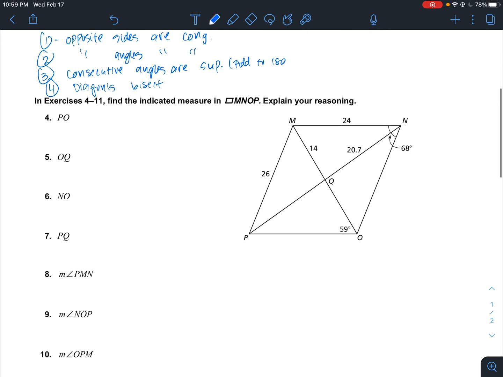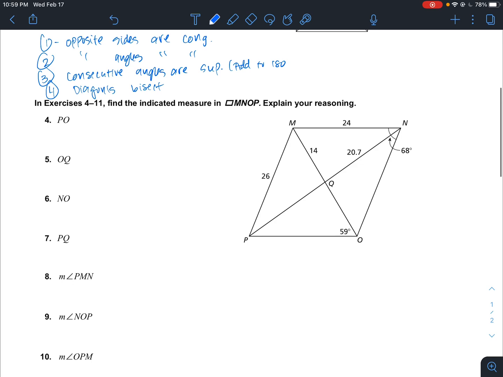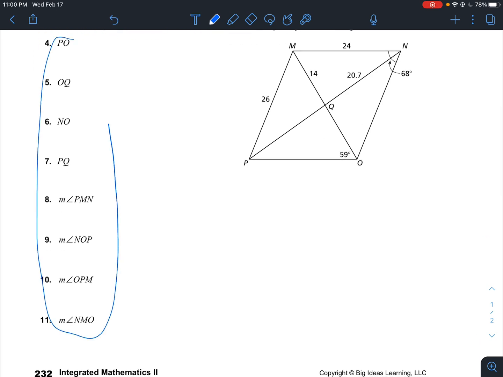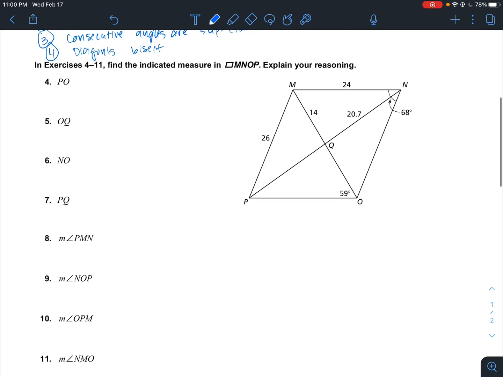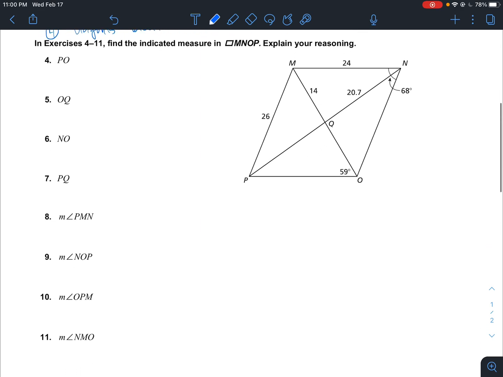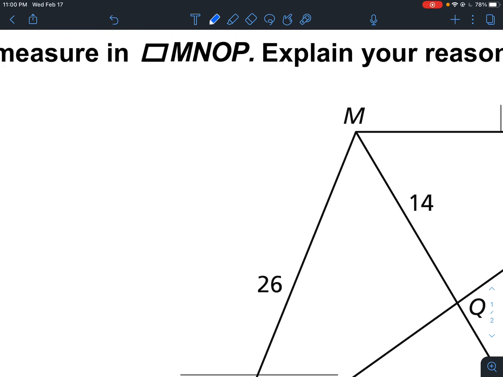Okay, and so what we're trying to do here is find all the measures of these indicated side lengths and angles. Now the problem with this diagram, which is probably a flaw from the publishers of the book, is that they didn't include it in the instructions. Maybe this right here means parallelogram, but it's kind of hard to tell.